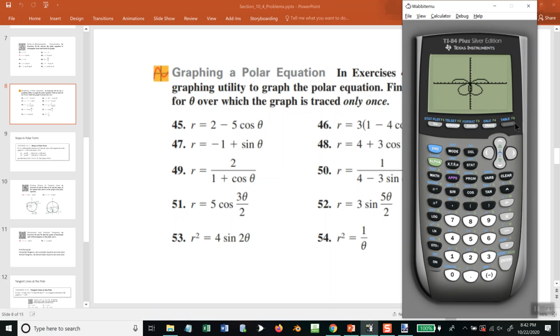That's interesting. Let me come here and change this to 4 pi. And then press graph. Yeah. 4 pi would take me back to my starting place, wouldn't it?